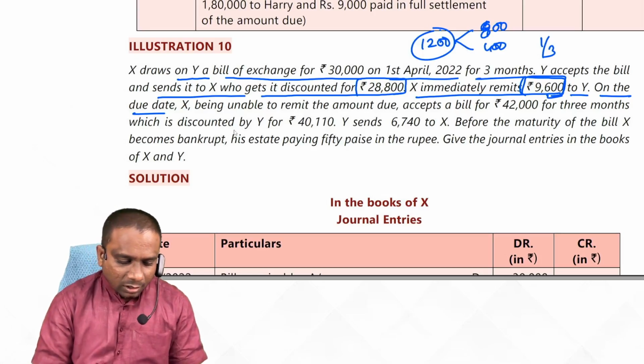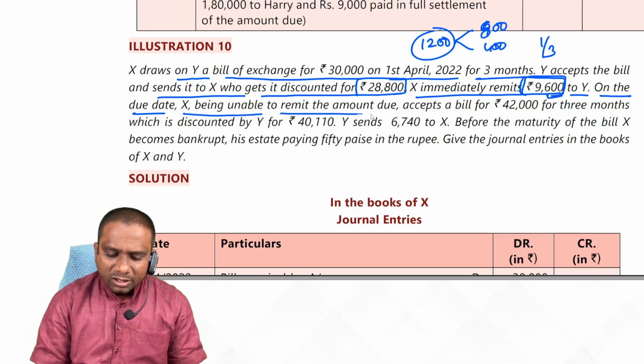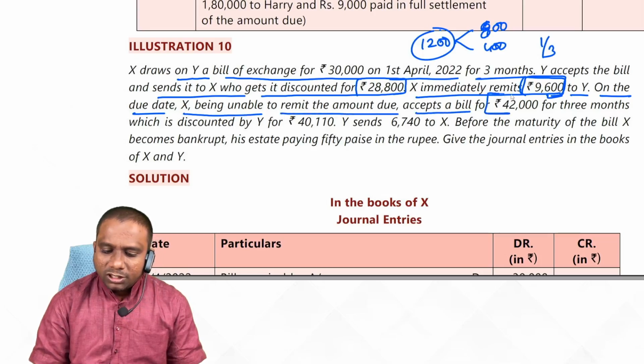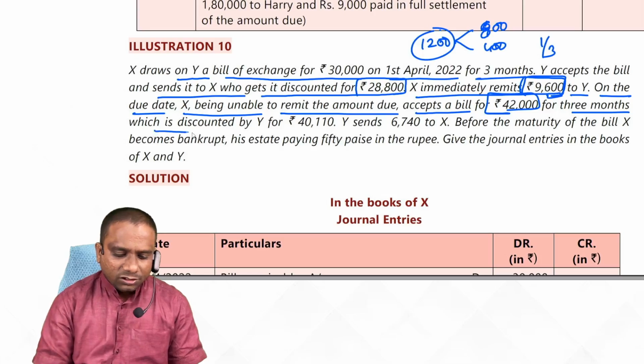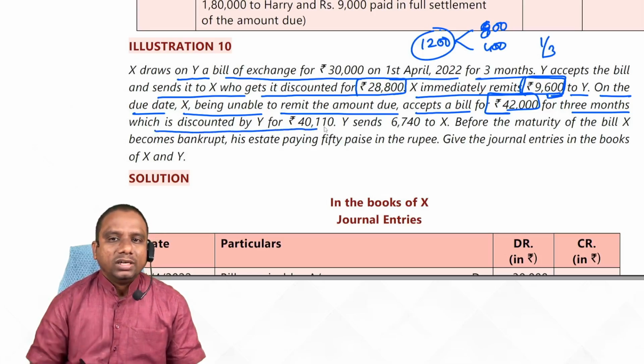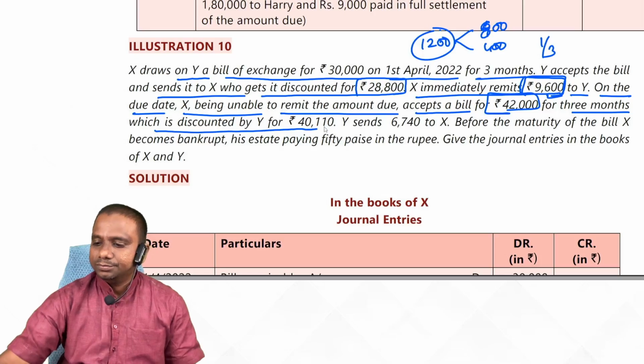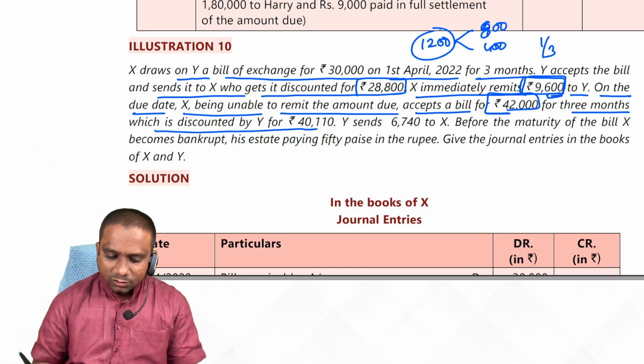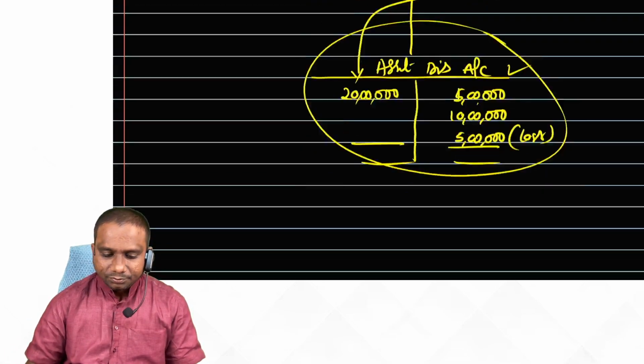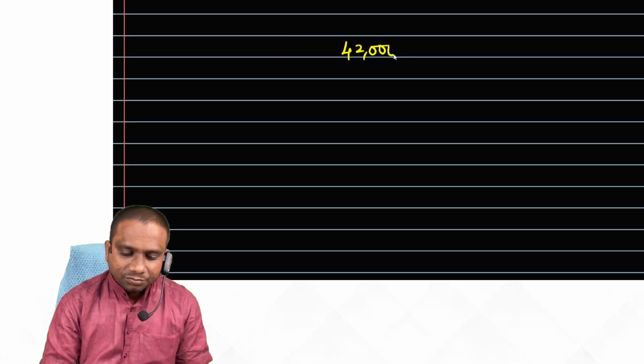Observe. X, being unable to remit the amount due, accepts a bill for 42,000 for 3 months, which is discounted by Y for 40,110. Here, what is the discount amount? 42,000 minus 40,110, so 1890 is the discount amount. The second bill is 42,000.